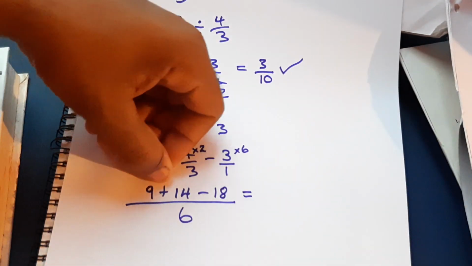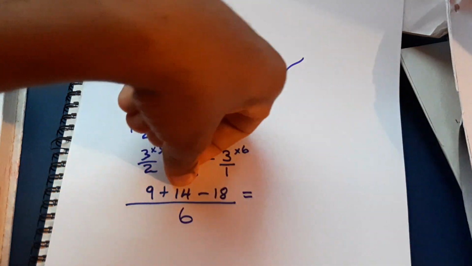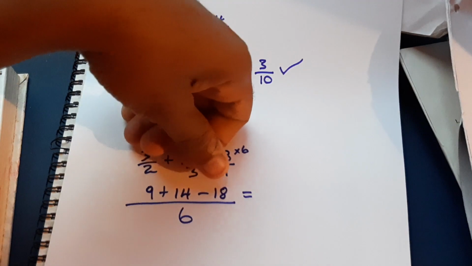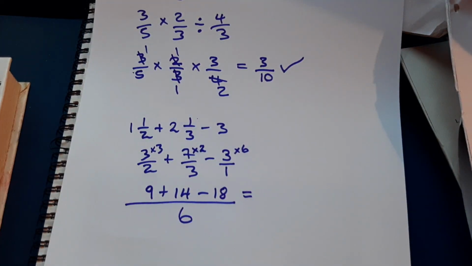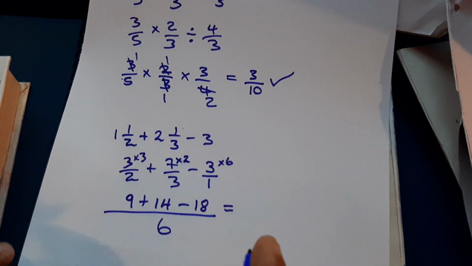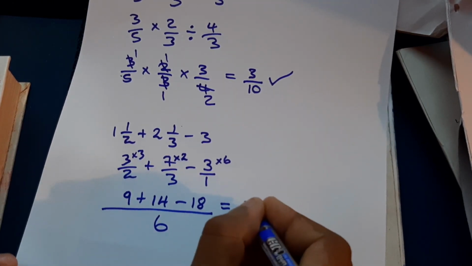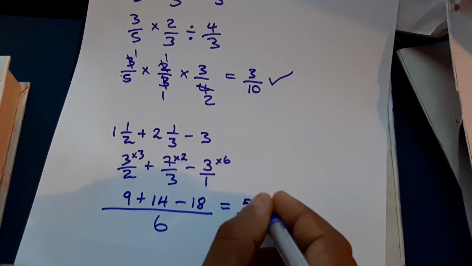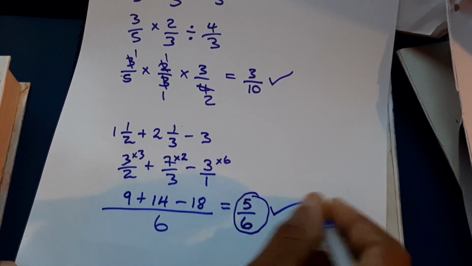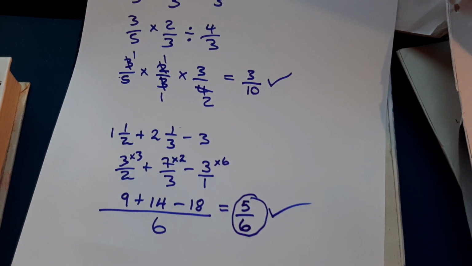So 9 plus 14, that's going to give me 23. 23 minus 18, that's going to give me 5. So that gives 5 over 6. That would be my result for this question, and it's a proper fraction. And that's it for fractions.